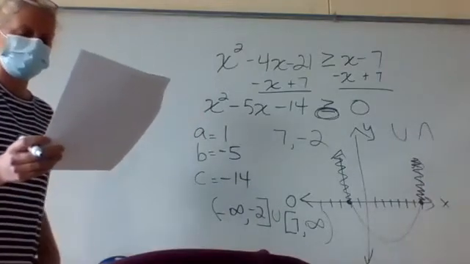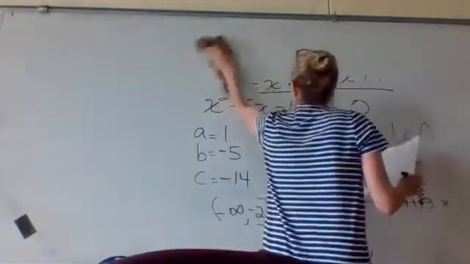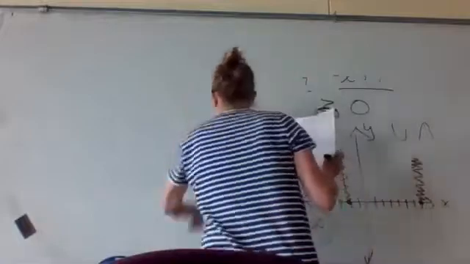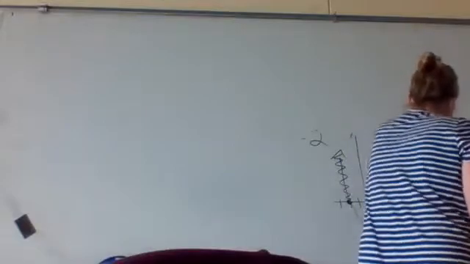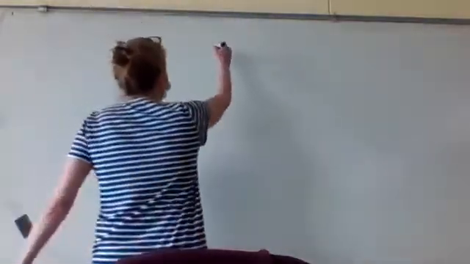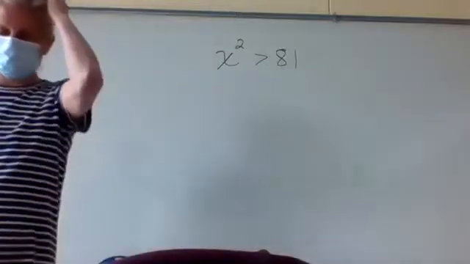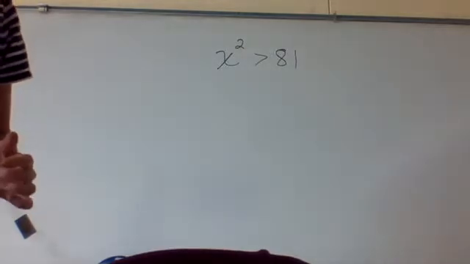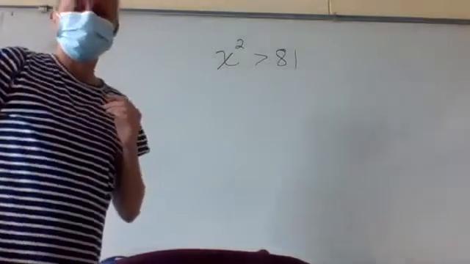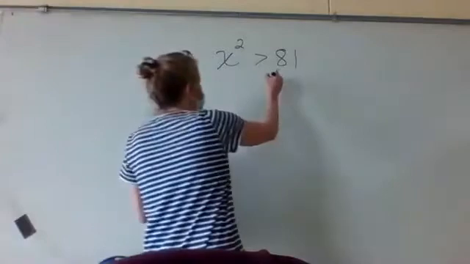Number 4, x squared is greater than 81. So set it equal to 0 first. So I need to subtract the 81 from both sides.